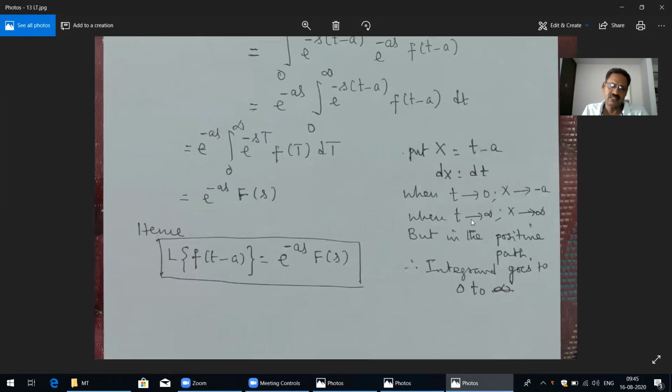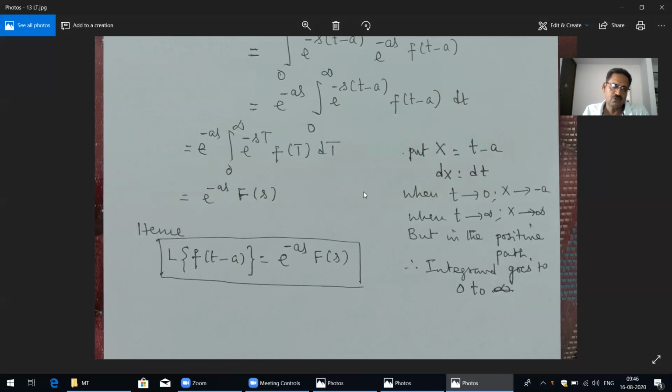In the positive direction, x varies from minus a to infinity, but the Laplace transform is defined on the interval 0 to infinity, that is the positive path. So minus a to infinity can be split into minus a to 0 and 0 to infinity. Minus a to 0 is taken as 0 because it is on the negative side. The Laplace transform always takes the positive direction, 0 to infinity.